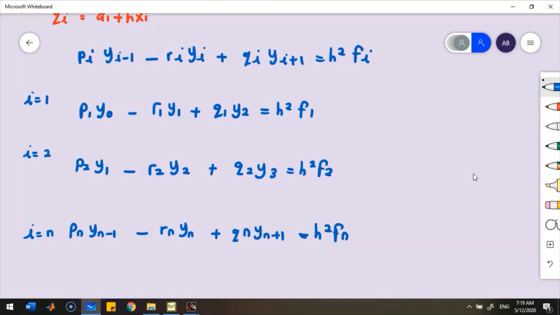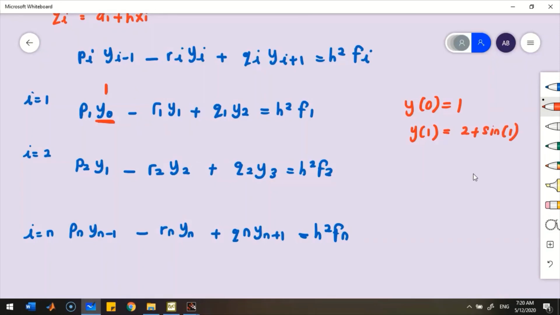Now recall that this is my alpha, which is my initial y0. The question says y0 equals 1, so this is 1. And at the other end of the interval, yn plus 1, this equals 2 plus sine 1.